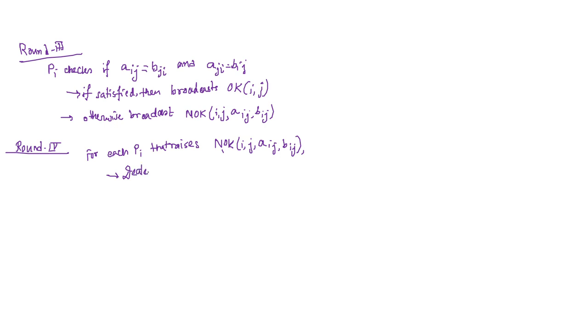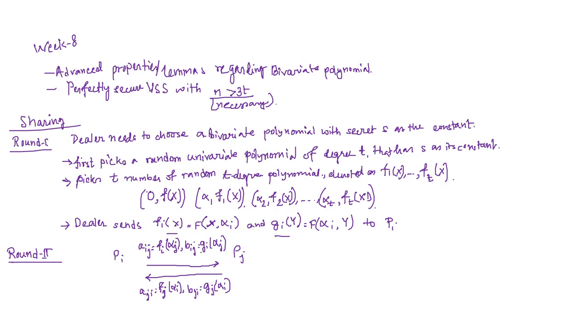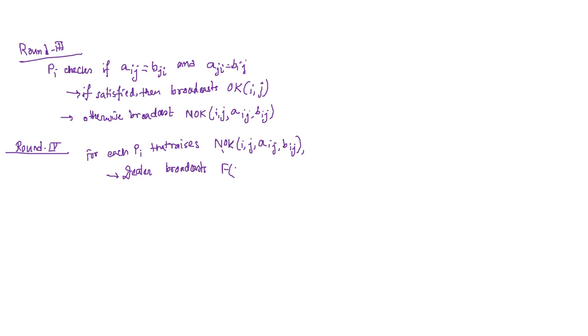the dealer on one hand broadcasts the value f of, so Aij means Fi evaluated at alpha j. So Fi evaluated at alpha j is this. So this corresponds to this.